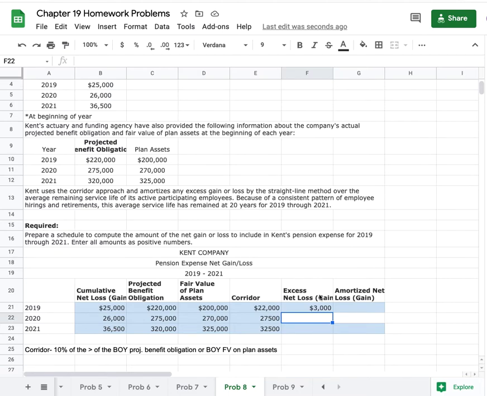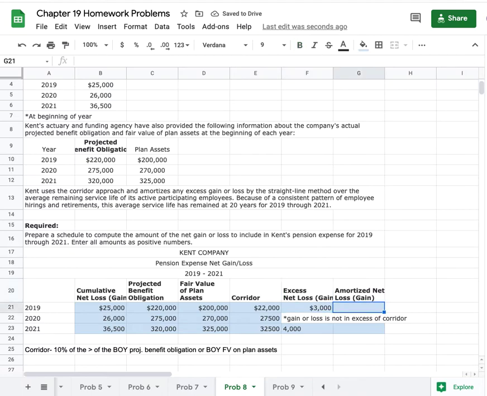And so there's nothing that needs to be amortized in excess of that. So we'll just put a note here. All right, and then same thing here, the gain or loss minus our corridor gives us 4,000.